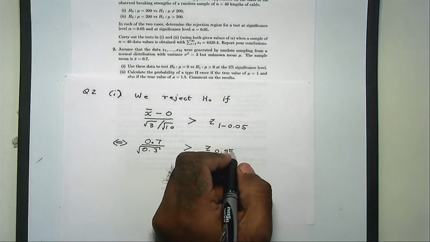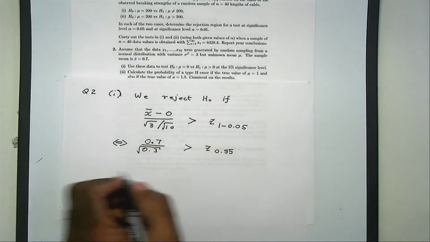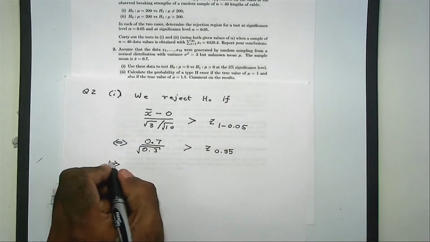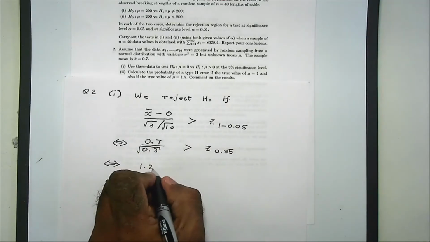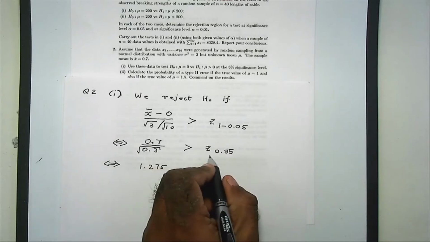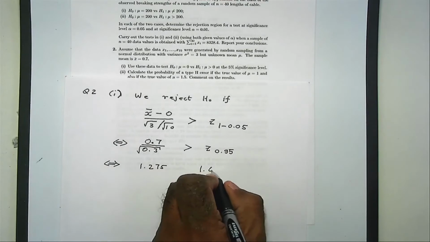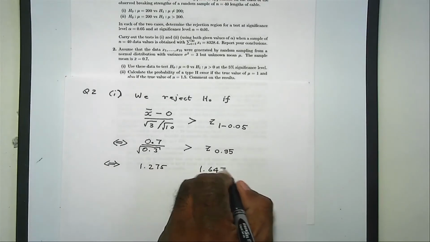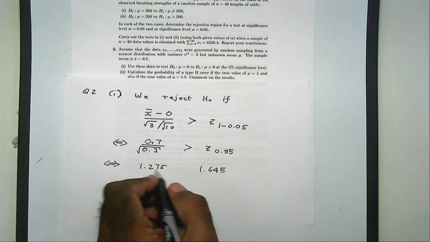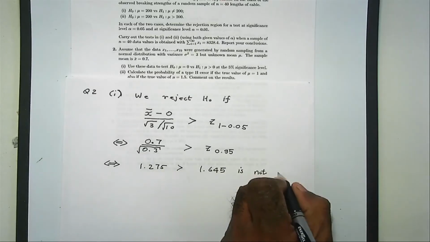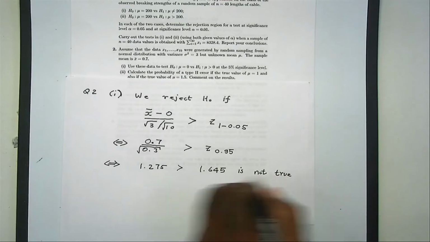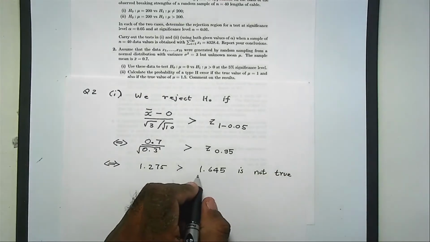okay, and this guy becomes equal to 1.278, and this guy we know from earlier question is 1.645, right? So clearly this is not true. It's not. 1.278 is not greater than 1.645.